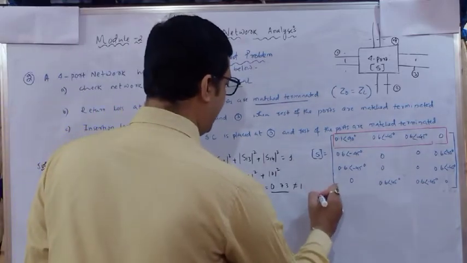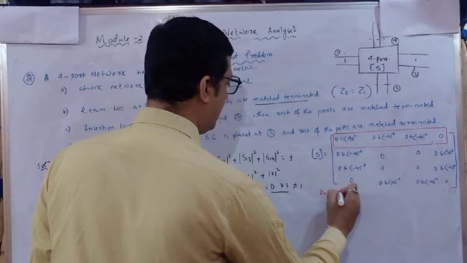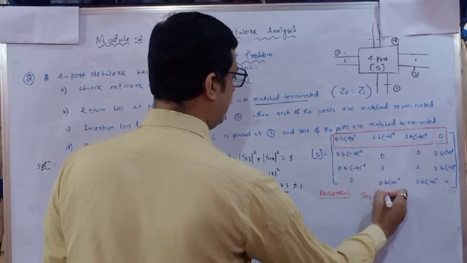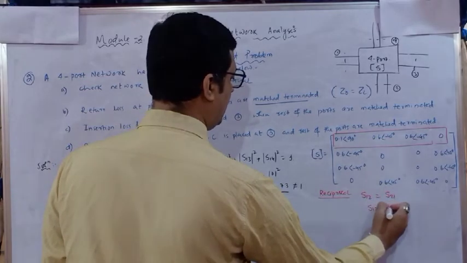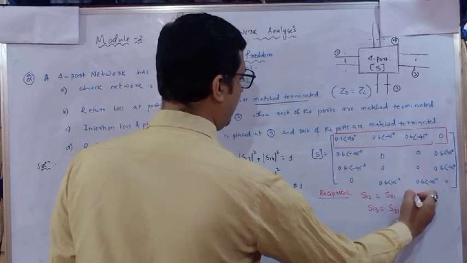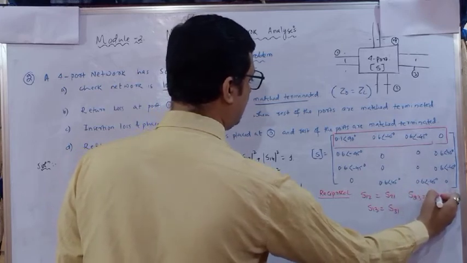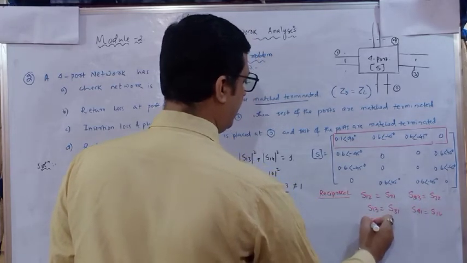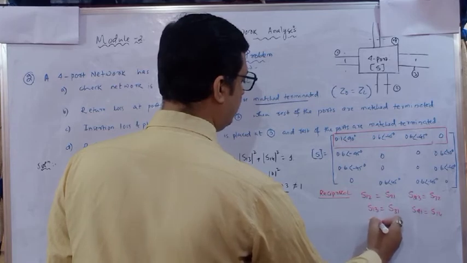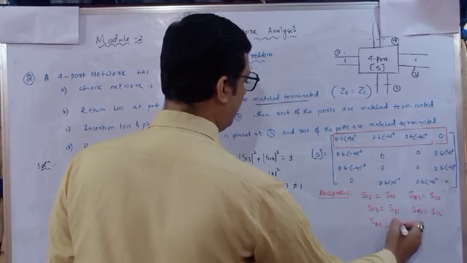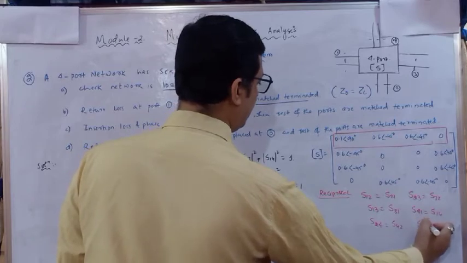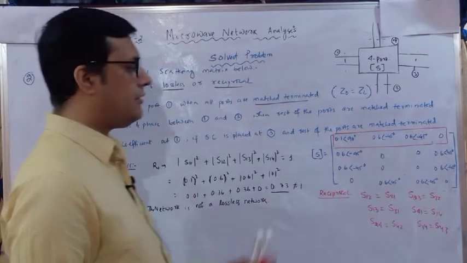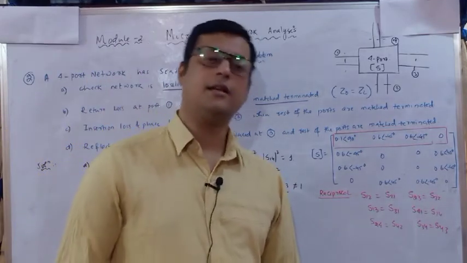So let me write for reciprocal: S12 must be equal to S21, S13 must be equal to S31, S23 must be equal to S32, S14 is equal to S41, S24 must be equal to S42, and S34 must be equal to S43. If all these conditions are satisfied for the given question, then we can say it is reciprocal.